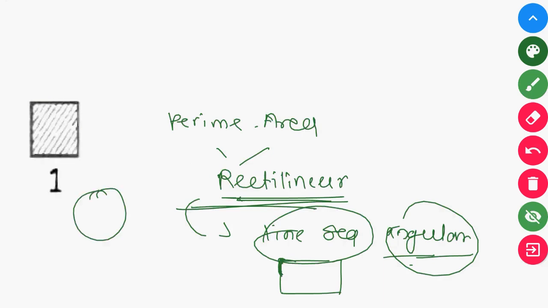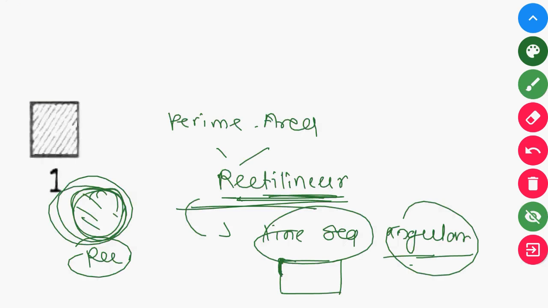So circle, we saw that a circle is not included in rectilinear shapes because it has no linear portion, only a circular portion is there. Circular portion is there only, no linear portion is there, so it is not a rectilinear figure.